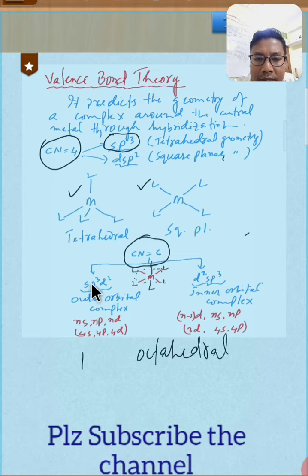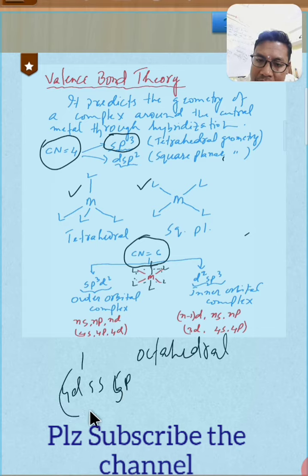In sp3d2, if we use 5s and 5p in hybridization, and then 5d is used, this will give an outer orbital complex. And if 4d is used in hybridization, this will be an inner orbital complex.